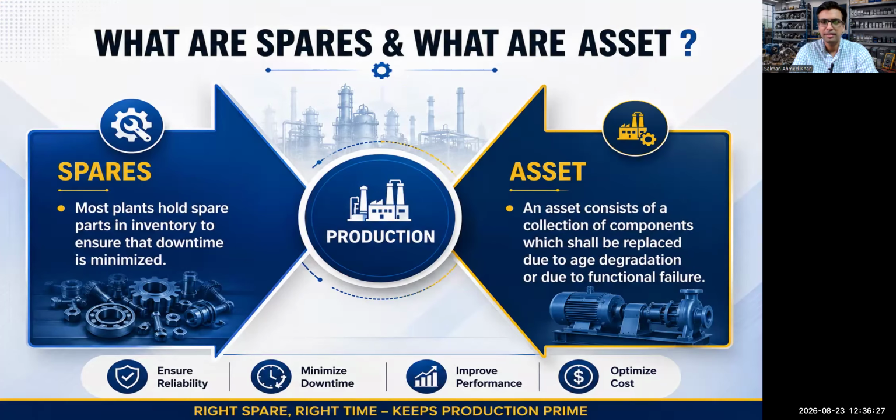What are spares and what are assets? These two words we have often heard while working in industry and organizations. The basic difference is that spares are those parts in the inventory which are used to ensure that machine downtime is minimized in order to have smooth production.